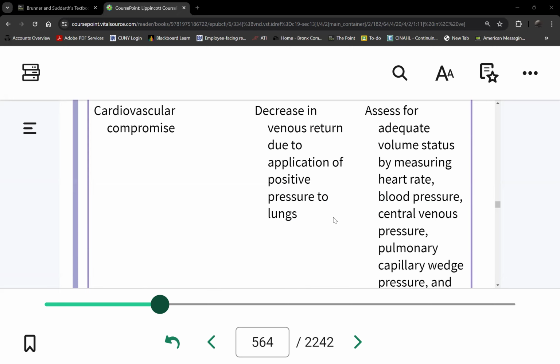That's all because of pulmonary hypertension. The heart has to pump harder because you increase pulmonary artery pressure with the switch from negative to positive pressure ventilation.